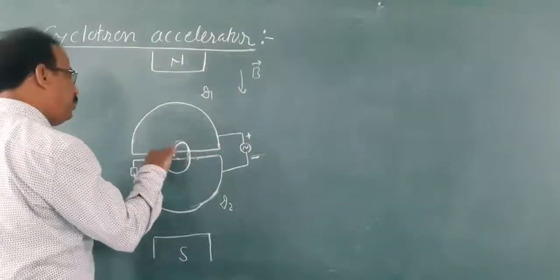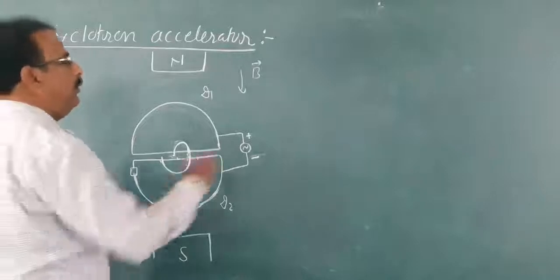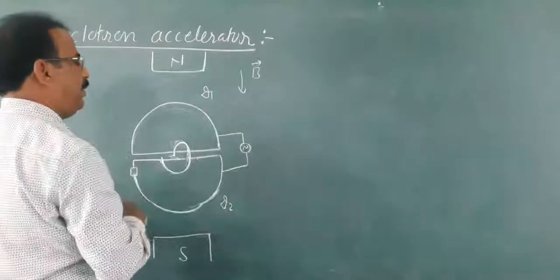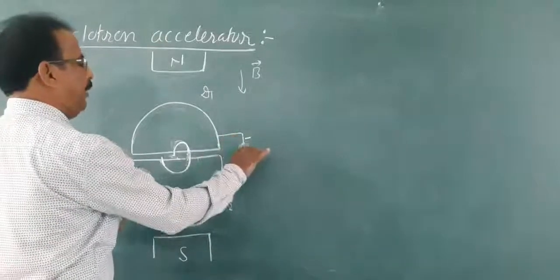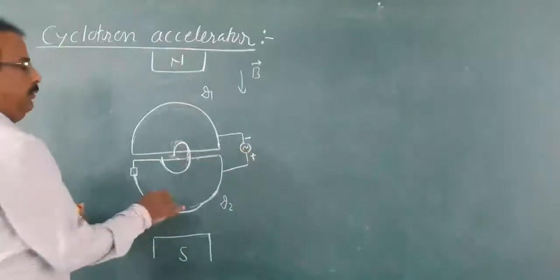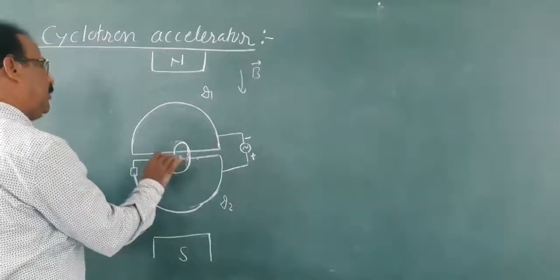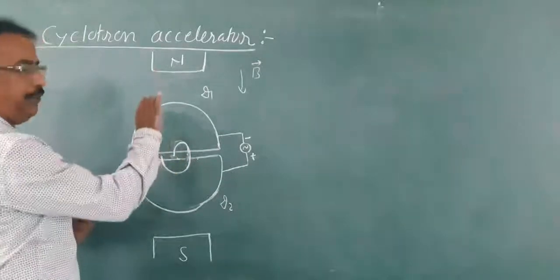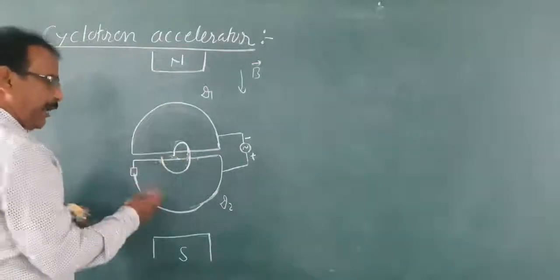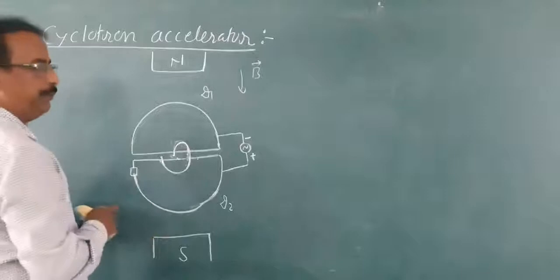When it comes out of this D2, at the same instant, again polarity changes. This becomes positive, this becomes negative, means on this electric charge, force acts due to electric field in a direction from D2 to D1.